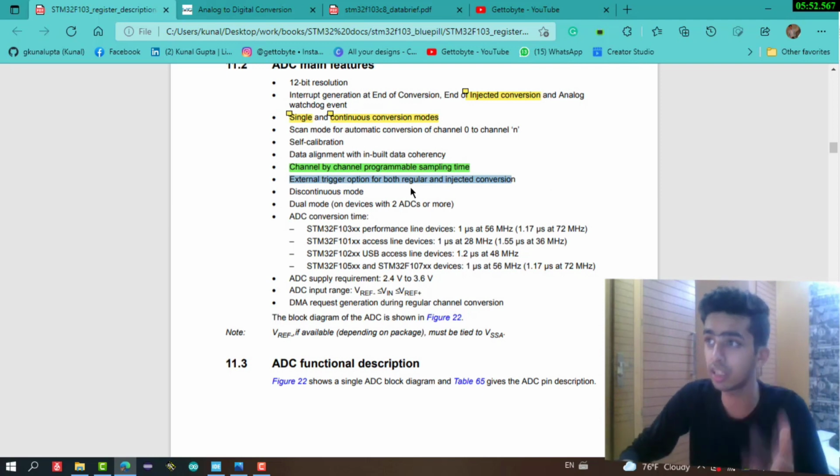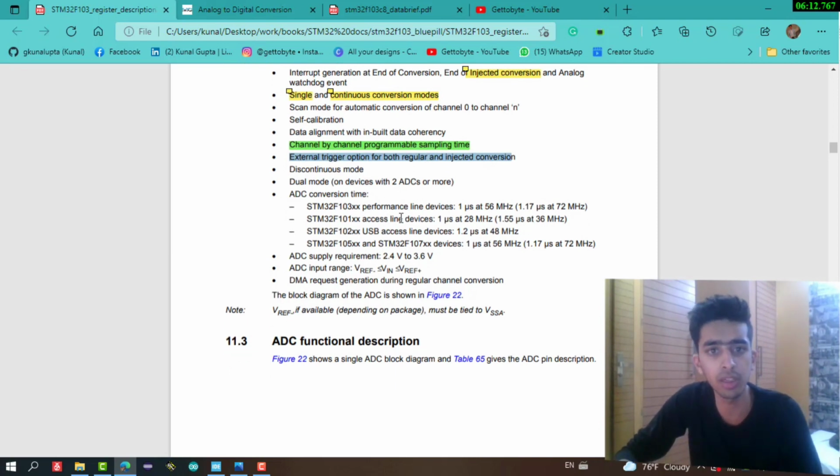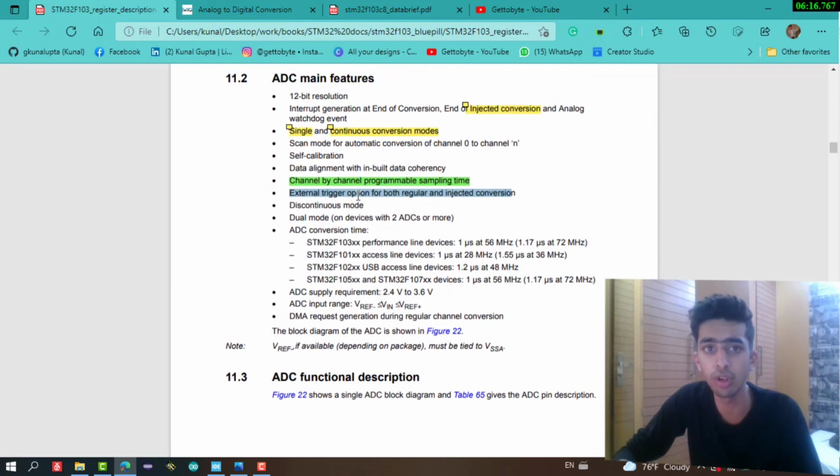So we can trigger the ADC for regular and injected conversion separately. We can have trigger sources separately, like let's say for a regular group we have the ADC triggered by software, or for the injected group we have an external trigger by the timer peripheral or by any such external event, which we will see in this video. And then the discontinuous mode.